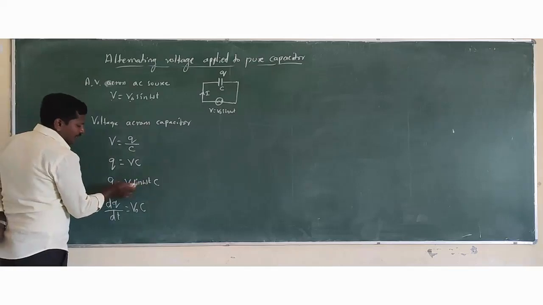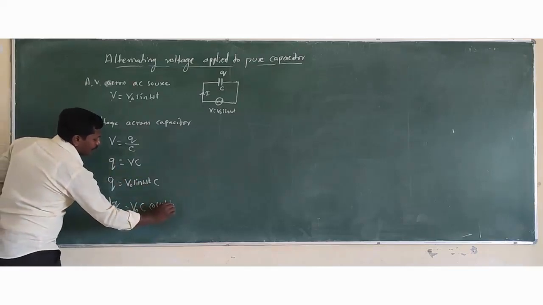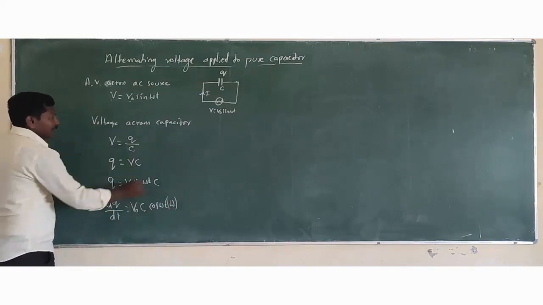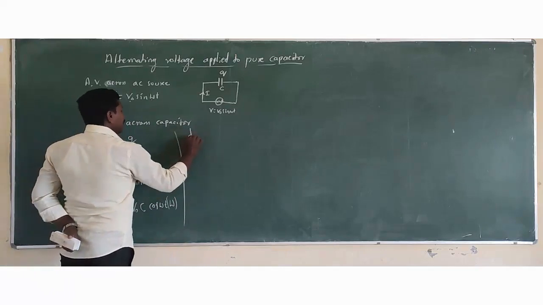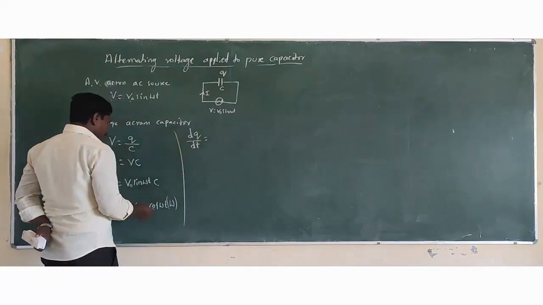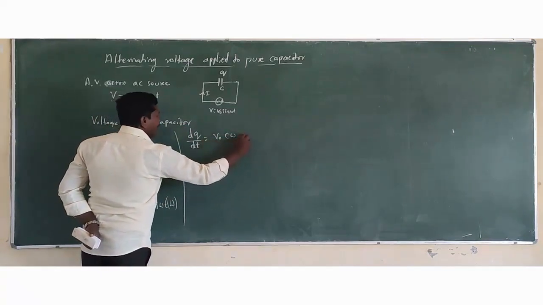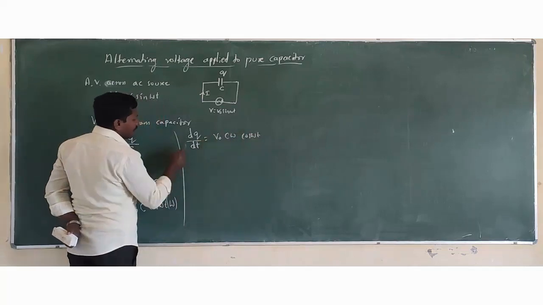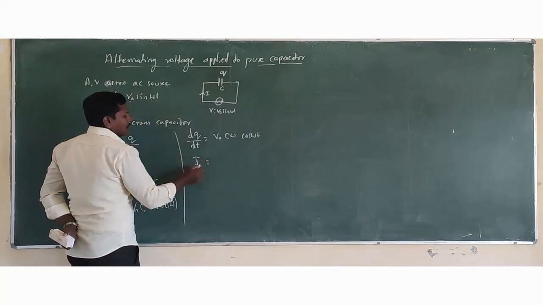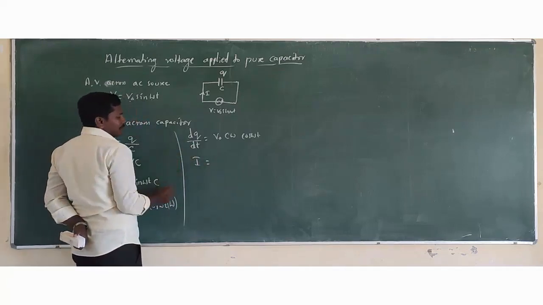If we differentiate sine of omega t, we are going to get cos of omega t into omega. Now this can be written as dq divided by dt is equal to V naught C omega cos of omega t. dq divided by dt, the rate of flow of charges through a conductor with respect to time, we call it current.